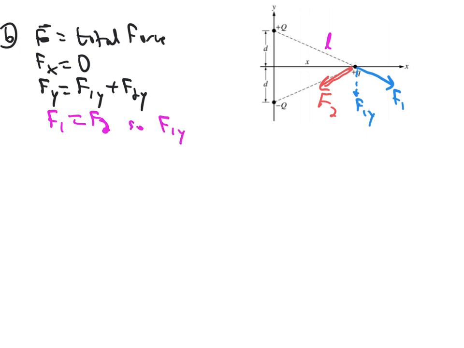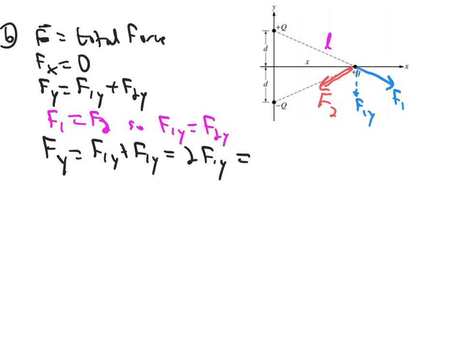So F1y equals F2y. This means that Fy is really F1y plus itself, or 2 of F1y. But F1y is, of course, just F1 times cosine of the angle. Which angle? Cosine of this angle is what I care about.